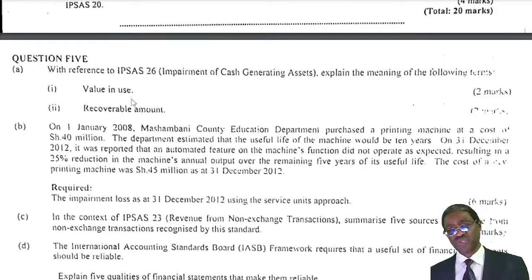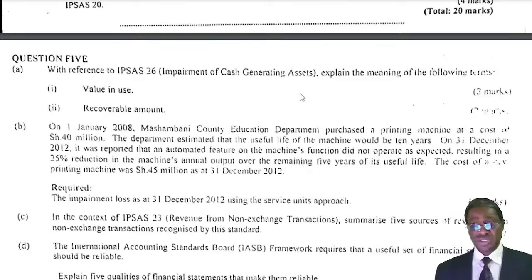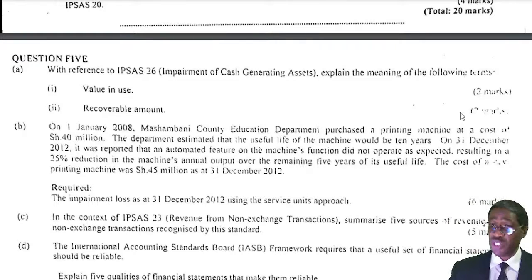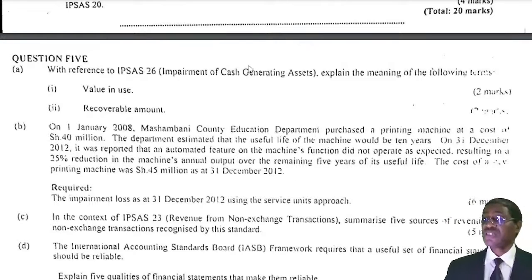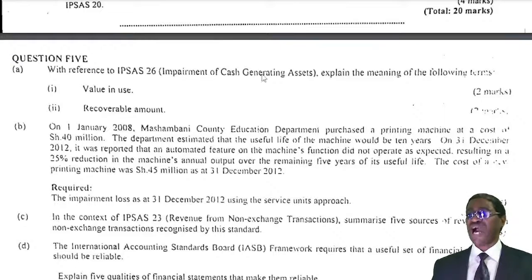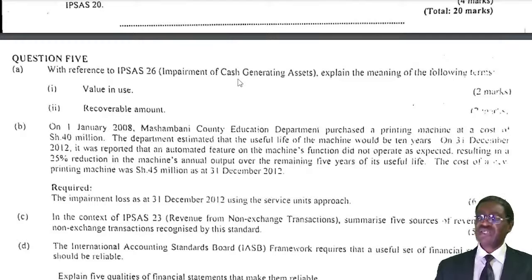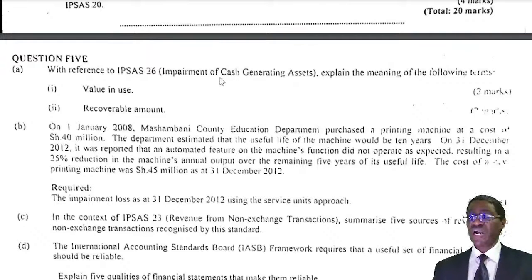Value in use. 2. Recoverable amount. You are given 2 marks for each, but don't forget, this time we are defining as per IPSAS number 26 for cash generating assets.